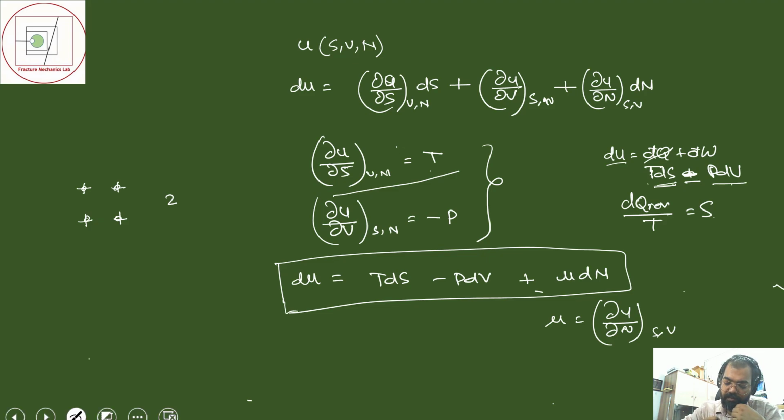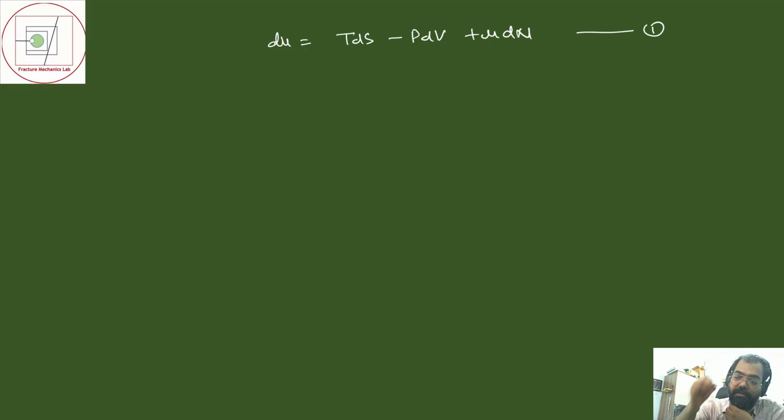So now remember this, I will write it here again. dU is equal to T dS minus P dV plus mu dN. This is equation 1. Now let us take the homogeneous identity of internal energy.